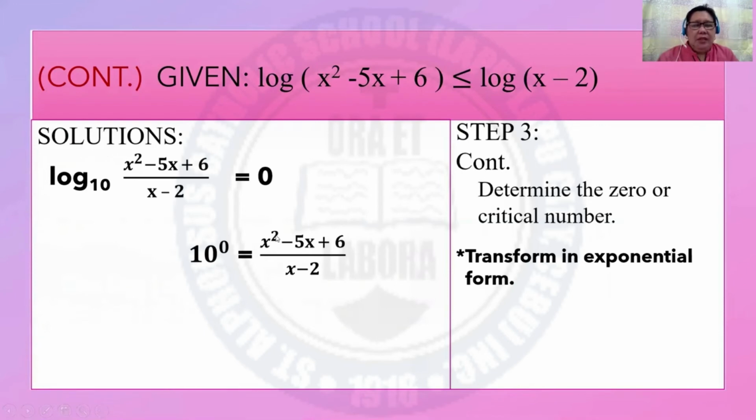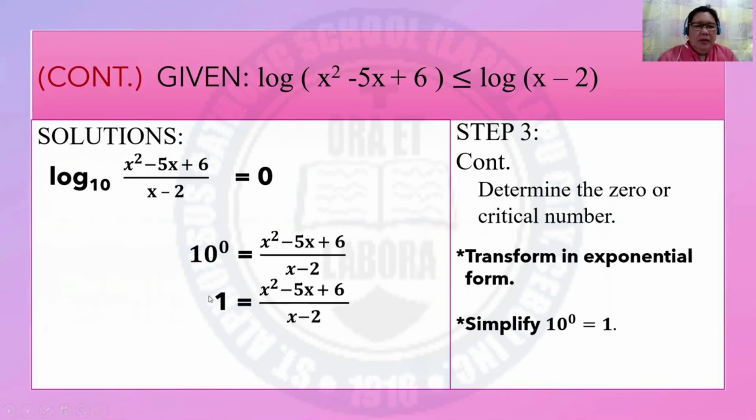So we have x squared minus 5x plus 6 over x minus 2. Then simplify 10 to the exponent of 0, which is equal to 1.